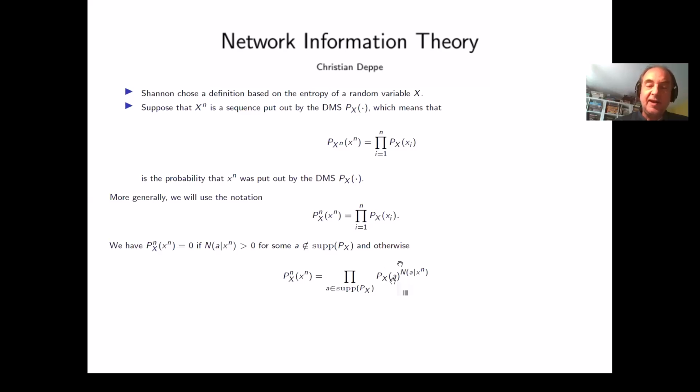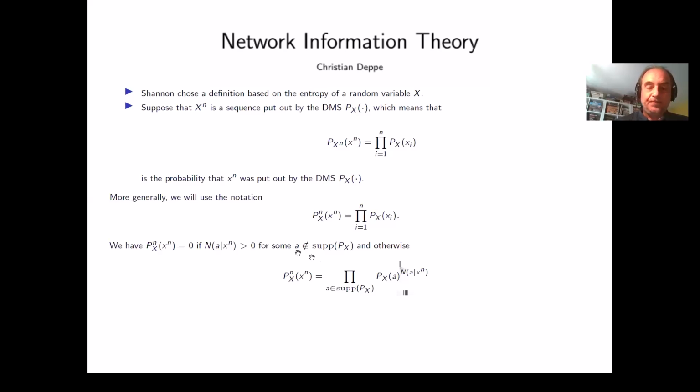If we have, like in the example, 11 zeros, so we take 2/3 to the 11 times 1/3 to the 7.